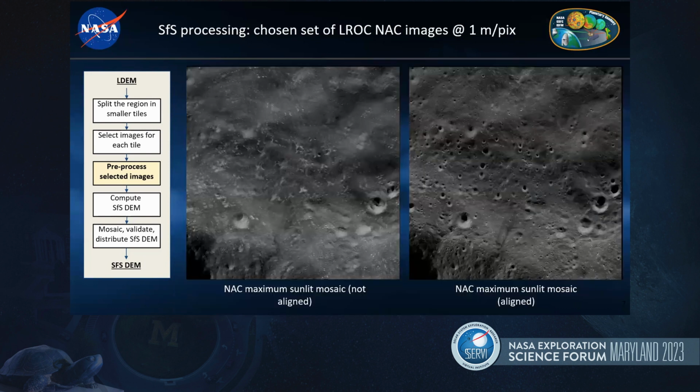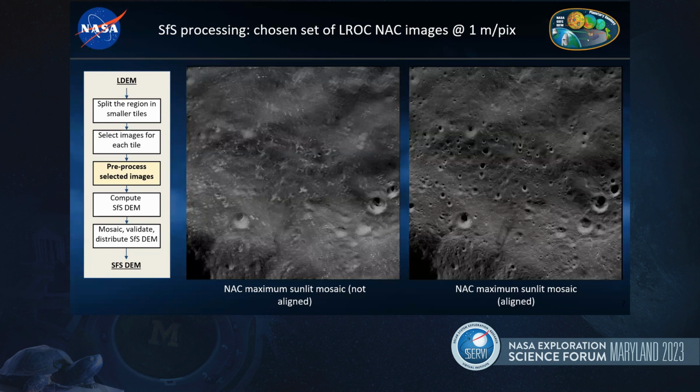So just as an example, here you can see on the left a maximum sunlit mosaic of around 20 NAC images on an area of 1 kilometer by 1 kilometer. And the aliasing that you can see here is caused by those misalignments among these 20 images that I was talking about.